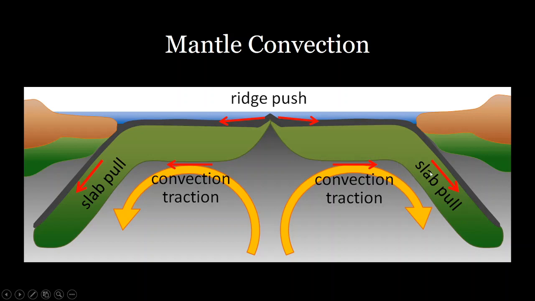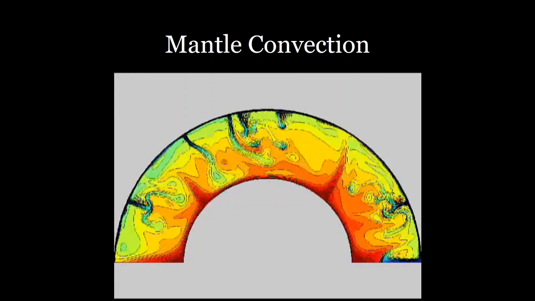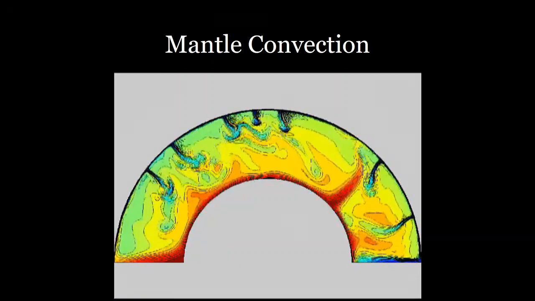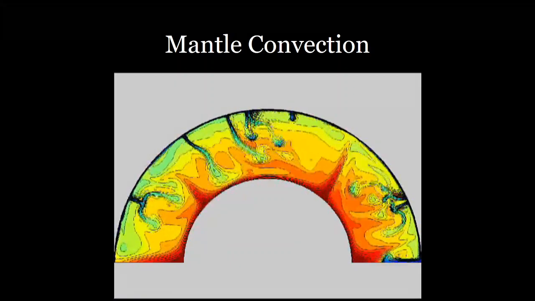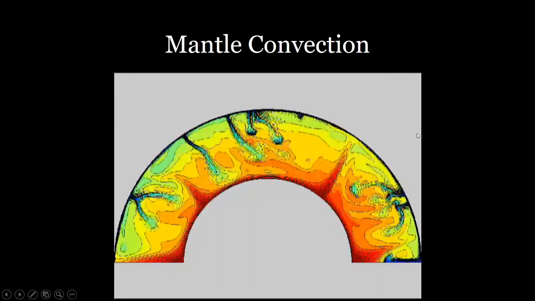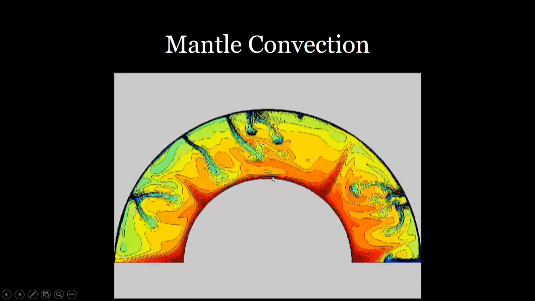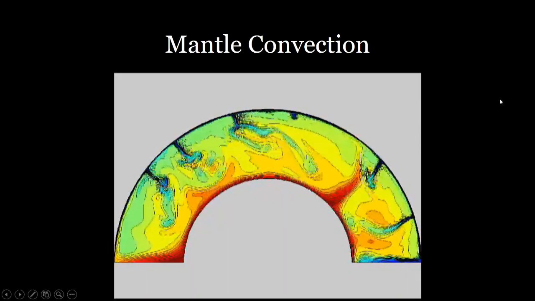So that's actually kind of the major process that drives these tectonic plates to move, is they're both being dragged down and pushed apart by this mantle convection current. You can see here, this is an animation of mantle plume development over billions of years, and it's not a simple process, but the basic physics is just saying that as the core heats the mantle, you're going to have that heated material rising and circulating the material.